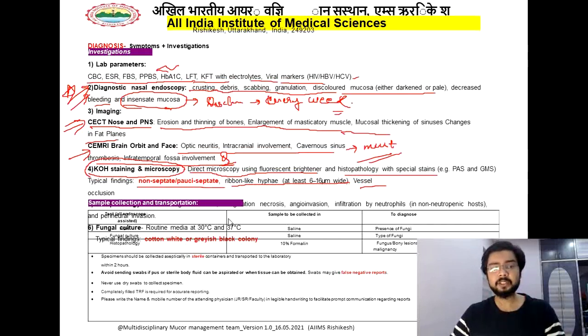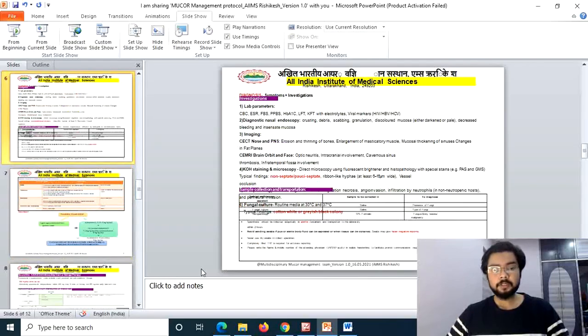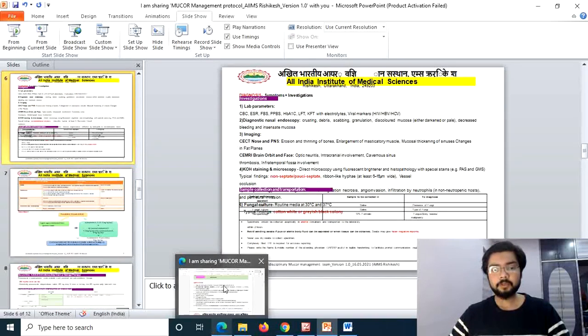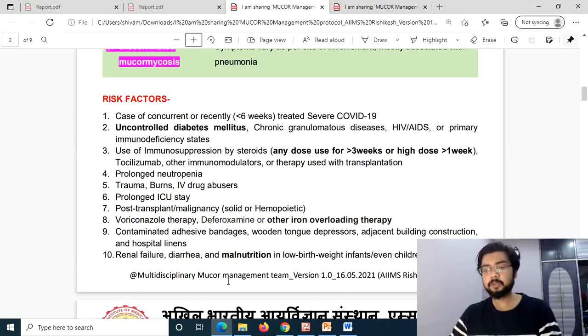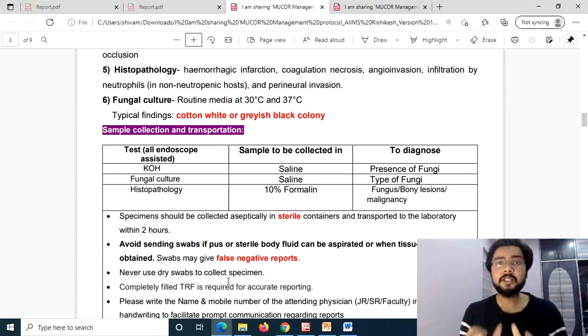So basically what it is telling is sample collection and transport. Very important is how you are going to collect the sample and in which material you are giving the sample.